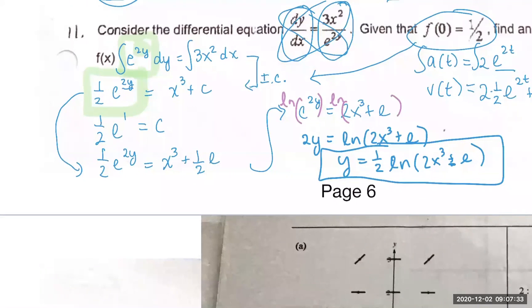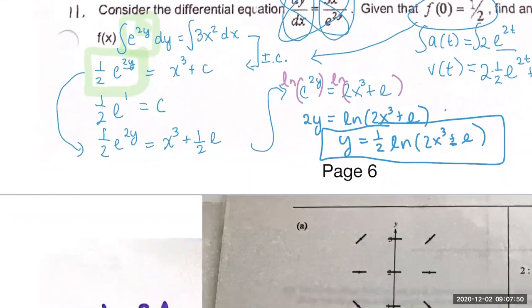So when I reverse it, the antiderivative of e to the 2y is itself, and normally I would have to multiply by a constant of 2 when taking the derivative. So for the antiderivative, you would just multiply by the reciprocal of that, which is 1/2.